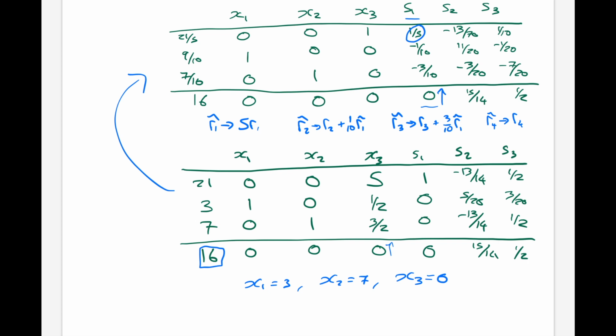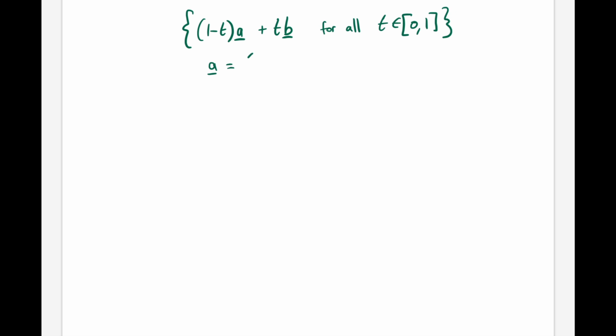We also know that all points on the line segment between these 2 points are also optimal, which is why the question is asking, write down the set of all optimal solutions as a line segment. So the question asked for the set to look like this, where the vectors A and B are our 2 solutions that we found. Our first solution, let's call that A, was that x1 was 9 over 10, x2 7 over 10, and x3 21 over 5.